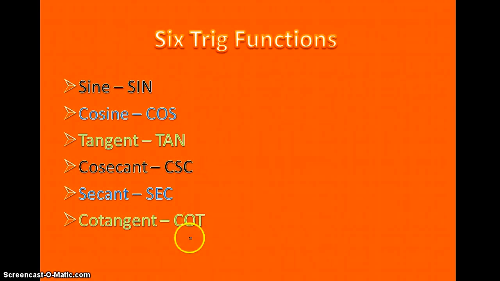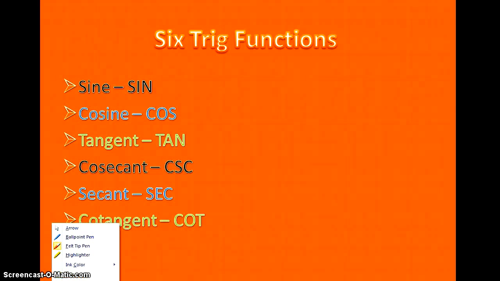Next, we have our 6 trig functions that we use very often. First off, we have sine, which is one of the most prominent ones, one of the top 3. Cosine is second, and third is tangent. These 3 are all in different colors, so they are the main 3.